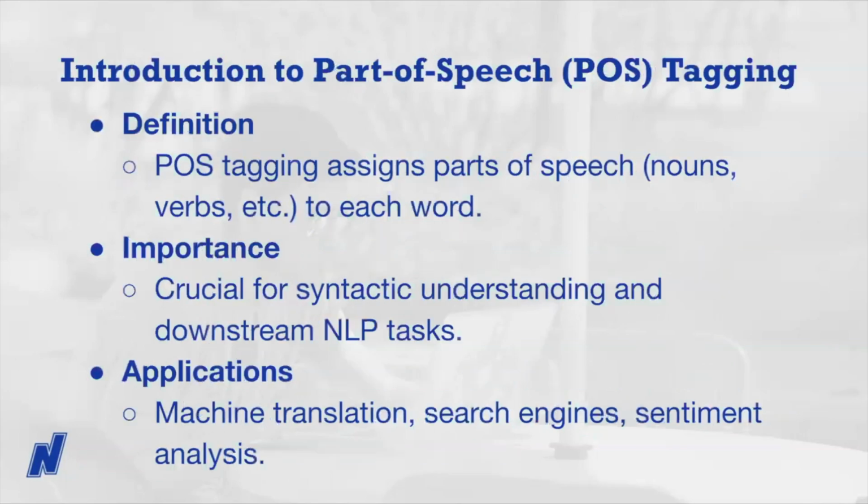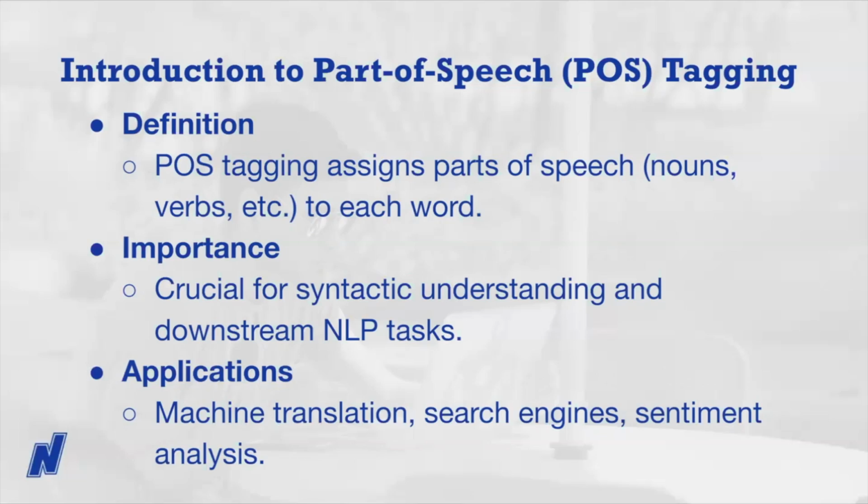So let's jump right into it by talking about the introduction of parts of speech tagging. POS tagging is the process of labeling each word in a sentence with its part of speech, such as a noun, verb, or adjective. This task is fundamental to many NLP applications, from machine translation to semantic analysis.